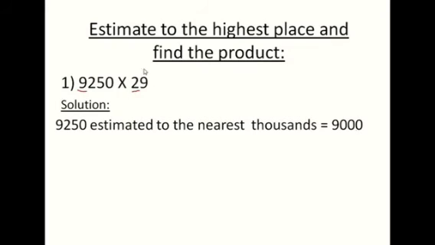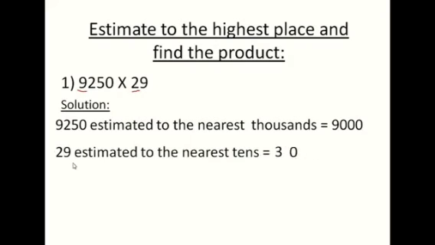If we look at 29, we have to work it out to the highest tens place. So after 2 it is units place and 9 is more than 5. So what will happen? 1 will be added up with 2. So 2 will become 3 and 9 will be replaced by a 0. So now write 29 estimated to the nearest tens as 30. I think you are clear.